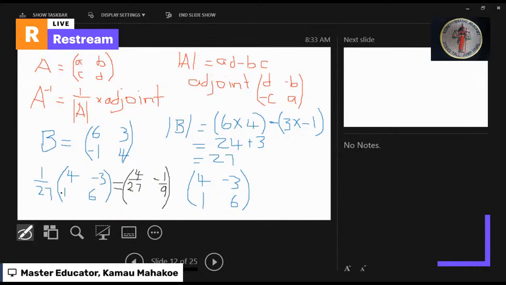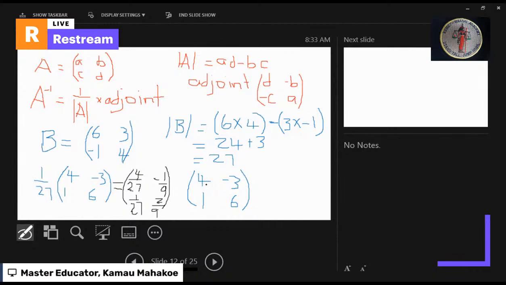And 1 over 27 times 1 is the same, 1 over 27. And times 6, it will be 6 over 27, which cancels to 3 into 6, 2, 3 into 27, 9. Okay, positive. So this is the inverse of B.